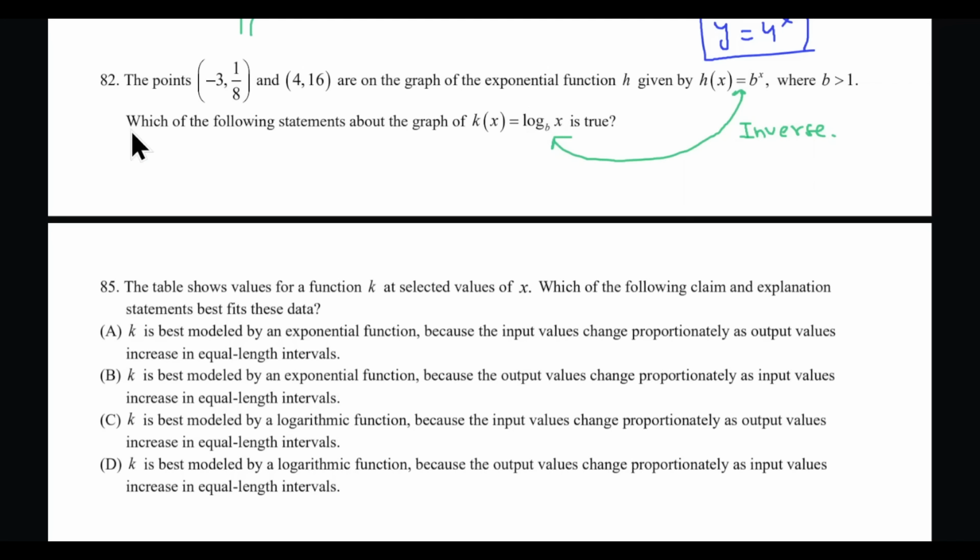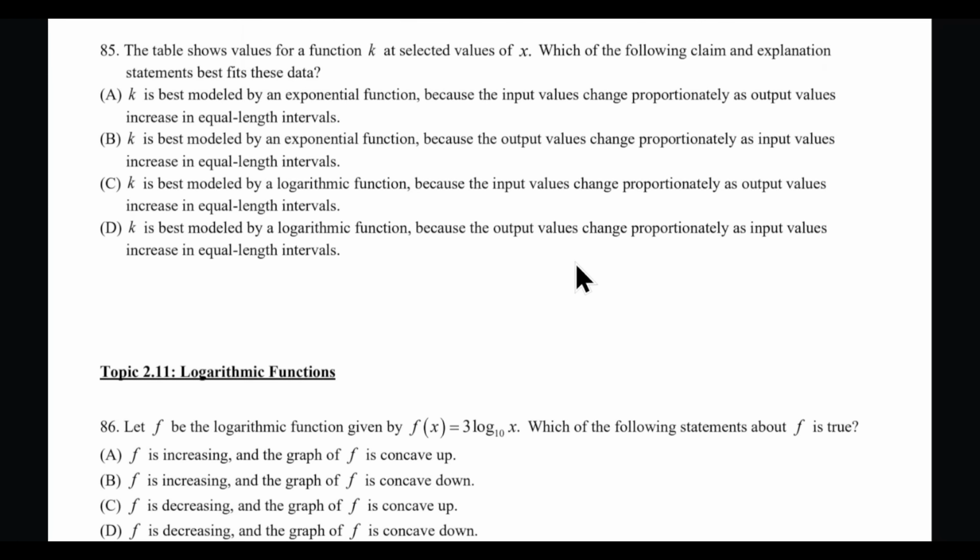I know there are no options; I unintentionally clipped them out, but the options asked which points are on the k function. So the answer will be (1/8, -3) and (16, 4). These points are on the k function because they are inverses, so x and y will just swap.